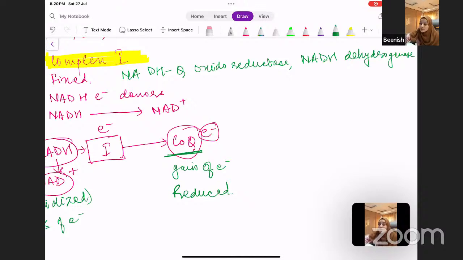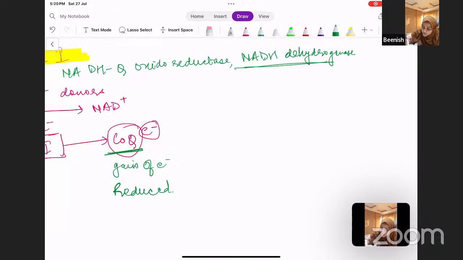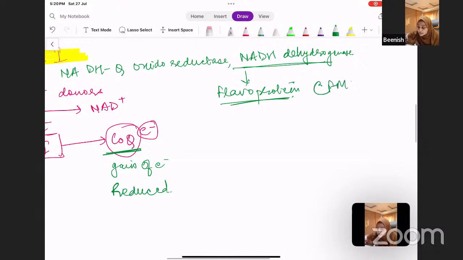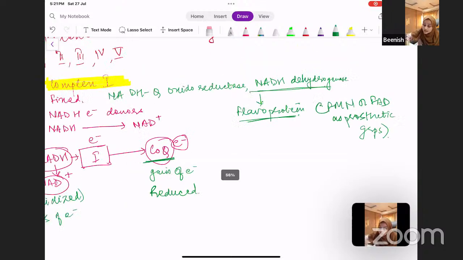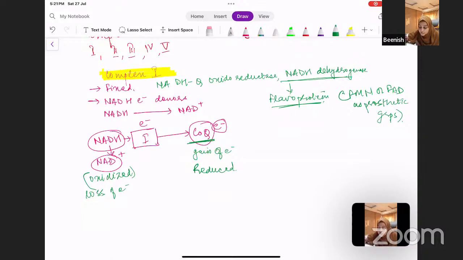And this complex 1 is a flavoprotein. And what are flavoproteins? Flavoproteins are those proteins which have FMN or FAD as prosthetic groups. So complex 1, or NADH dehydrogenase, also known as NADH-Q oxidoreductase, I've explained why it is known so.